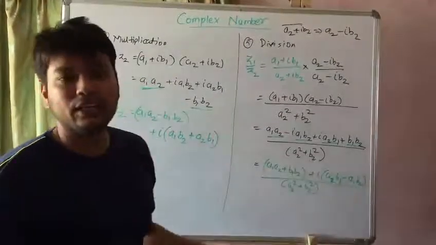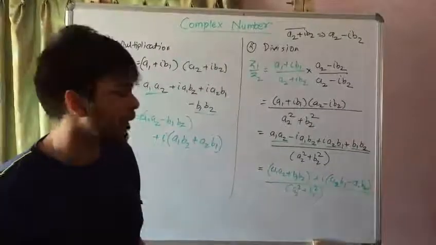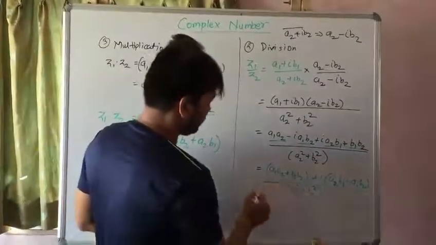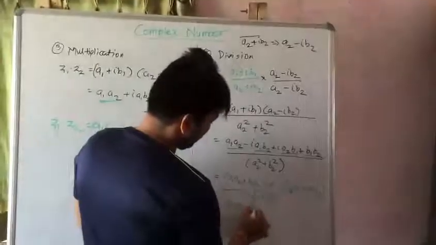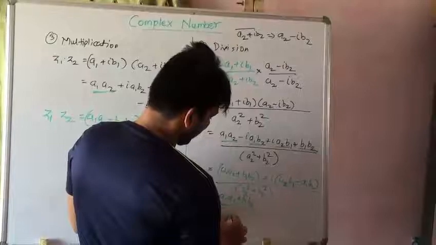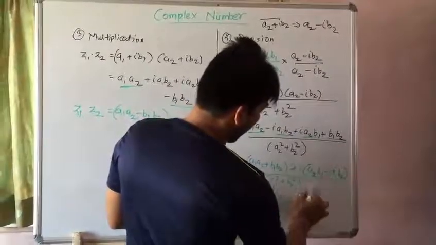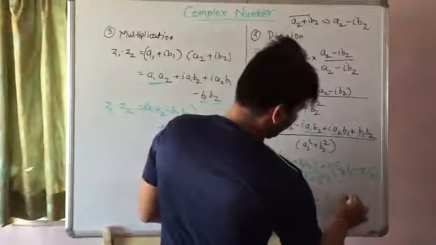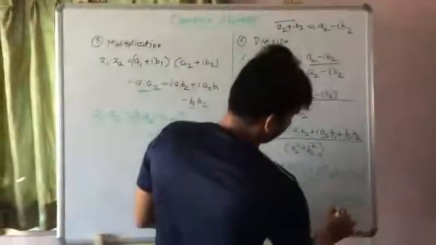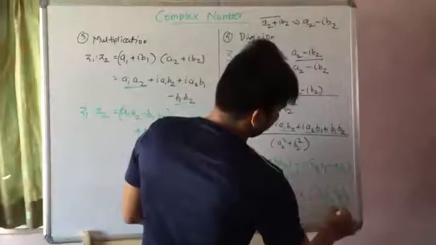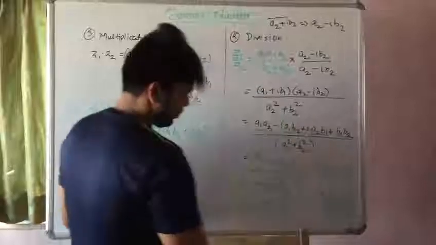So the real part is a1 a2 plus b1 b2 divided by a2 square plus b2 square, plus i times a2 b1 minus a1 b2 divided by a2 square plus b2 square. This is the real part and this is the imaginary part.